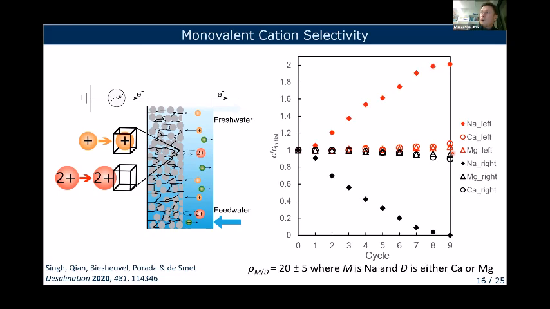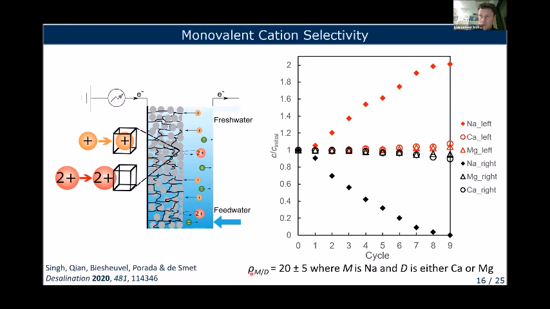But if you then go to a monovalent ion like sodium, you would see upon every cycle, so that is re-dipping the electrodes in the other beaker, an increase in one of the beakers and a decrease in the other one where you desalinate. So from plots like this, you can calculate the selectivity coefficient.